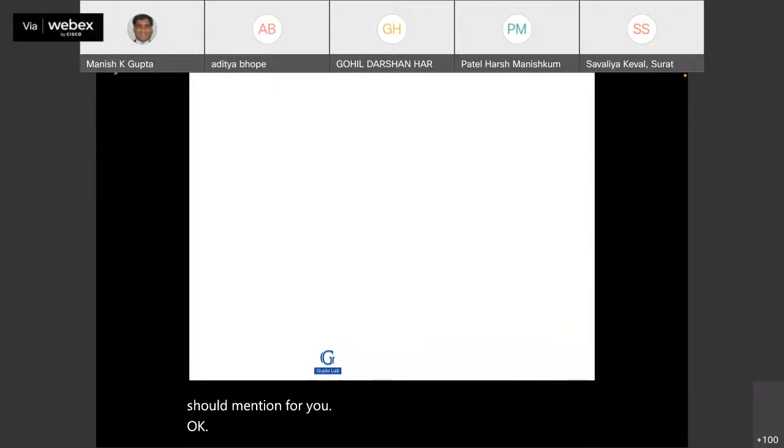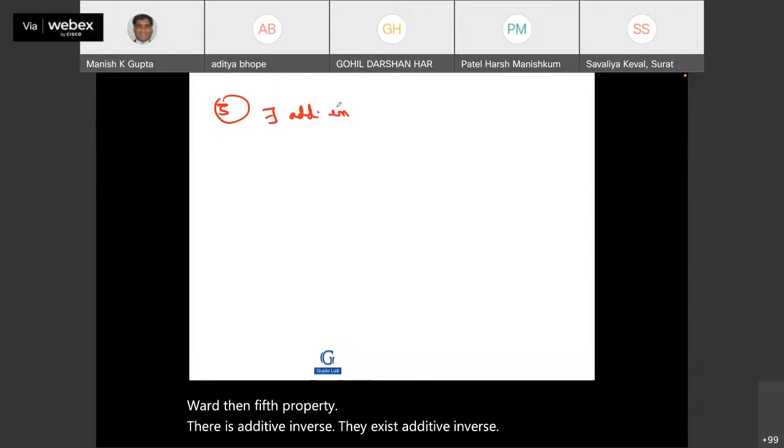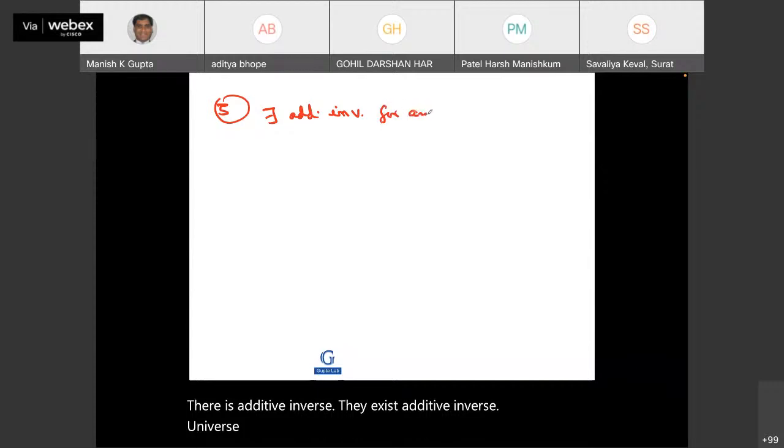Fifth property, there exists an additive inverse for any a in Zm.